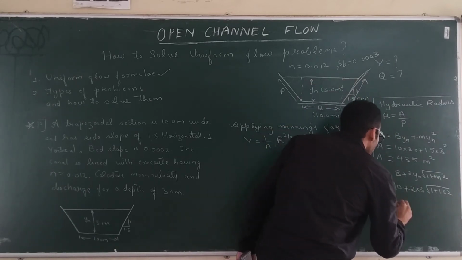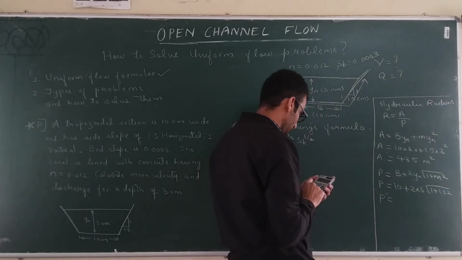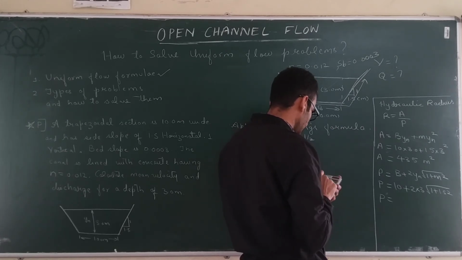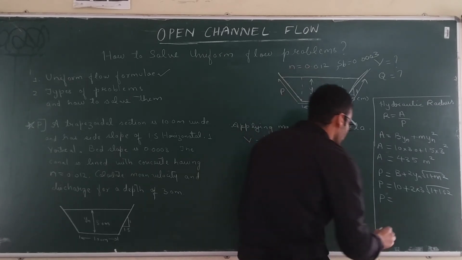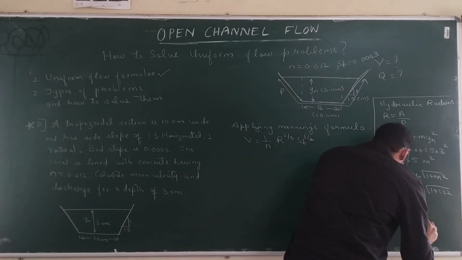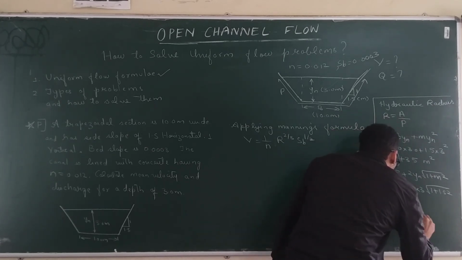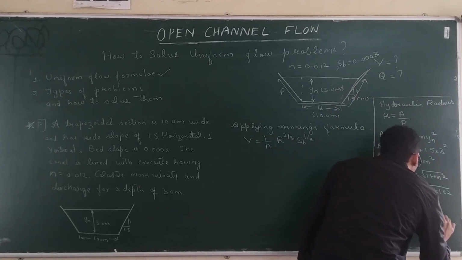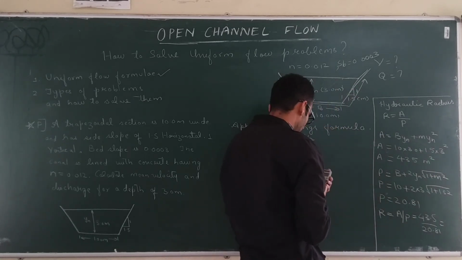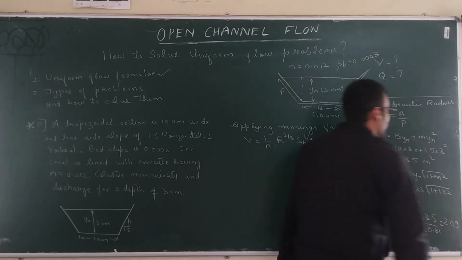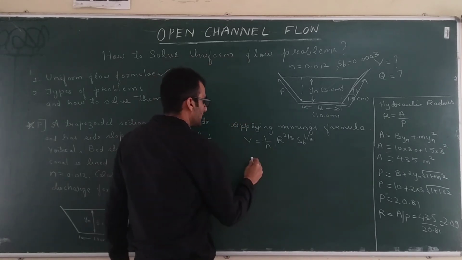So wetted perimeter becomes 20.881. Okay, so we can calculate hydraulic radius as A by P. It will be 43.5 upon 20.881, which is 2.09.